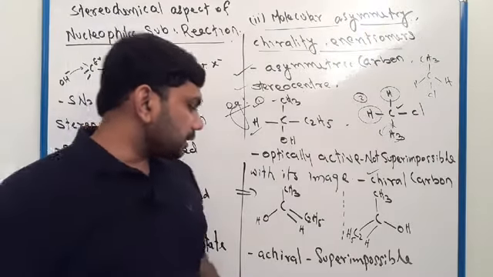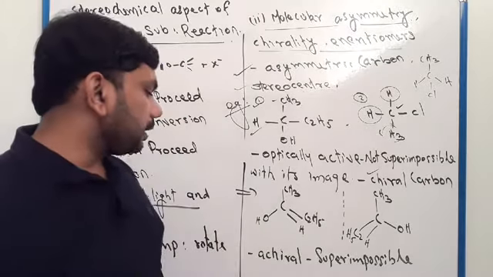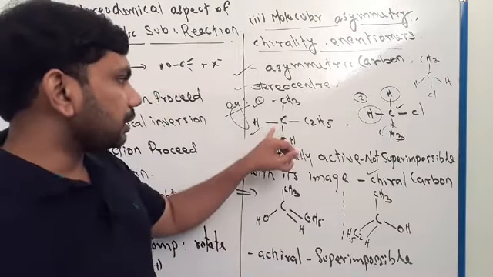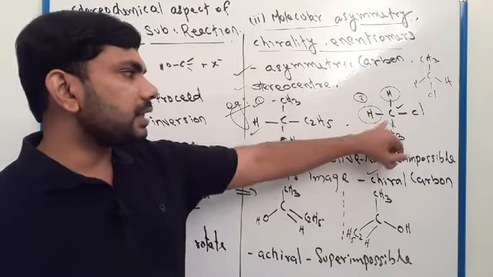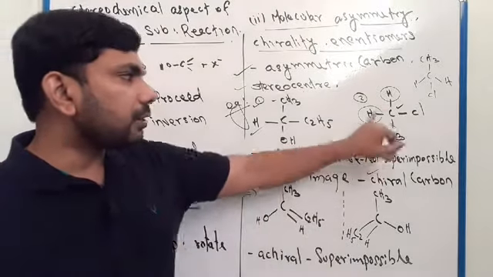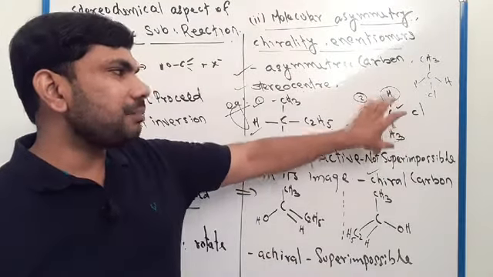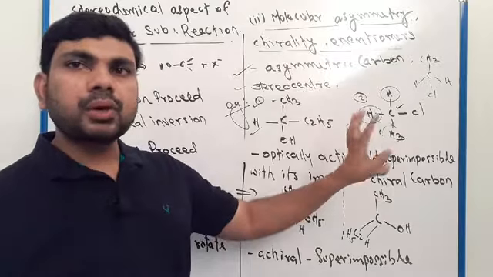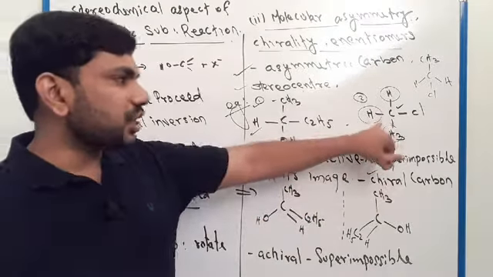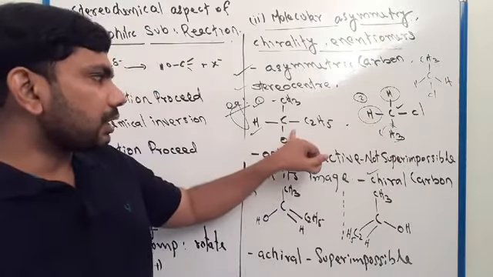So these are the things we have to remember here. Okay, here this is chiral carbon and here this is achiral carbon. Achiral carbon means carbon with the same group, same atom or same molecule. This is achiral carbon, this is chiral carbon.